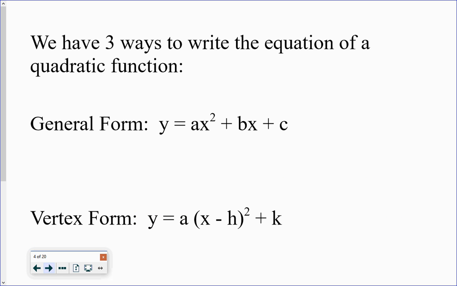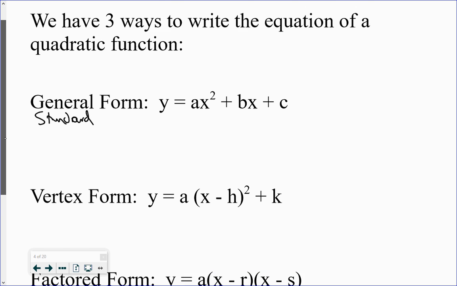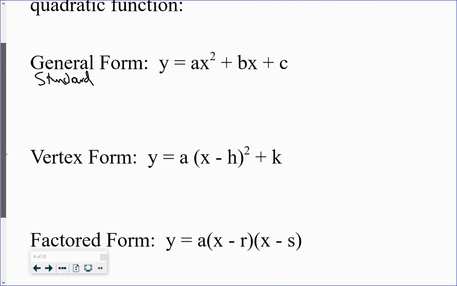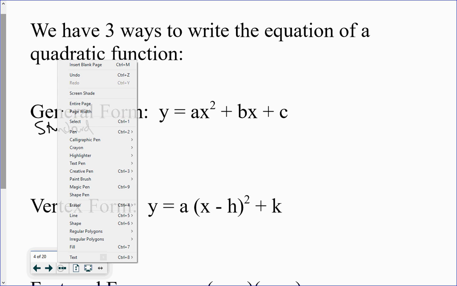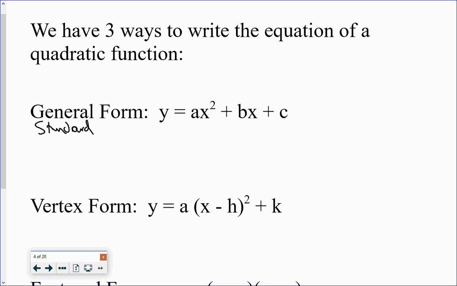Okay, so we learned that there was 3 ways to write the equation of a quadratic. We have general form. It's also sometimes referred to as standard form. It kind of depends on what book you read. We have vertex form and we have factored form. So general form, so first things first, the A, B, and C, those are all numbers.